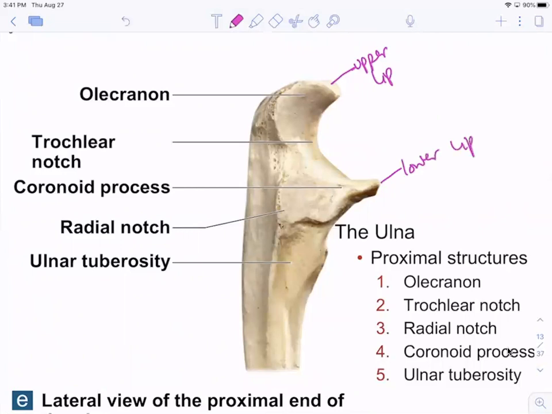And the lower lip is going to be the coronoid process, and the upper lip is the olecranon process. And so this right here is the trochlear notch, right?